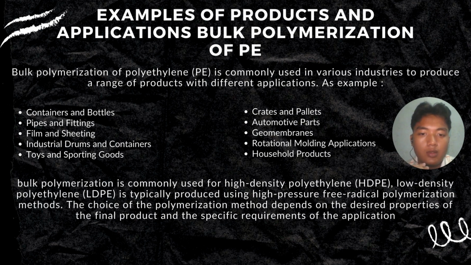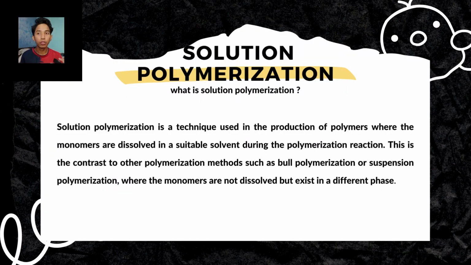Bulk polymerization is commonly used for high density polyethylene (HDPE). Low density polyethylene (LDPE) is typically produced using the high pressure free radical polymerization method. The choice of the polymerization method depends on the desired property of the final product and the specific requirements of the application.